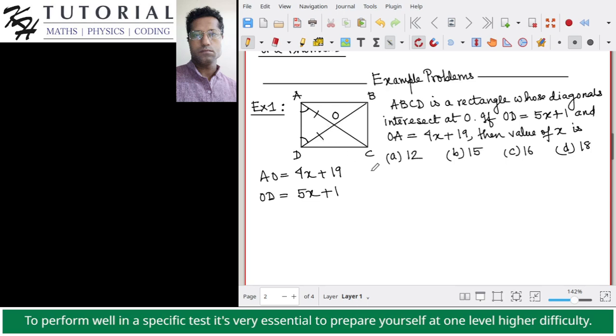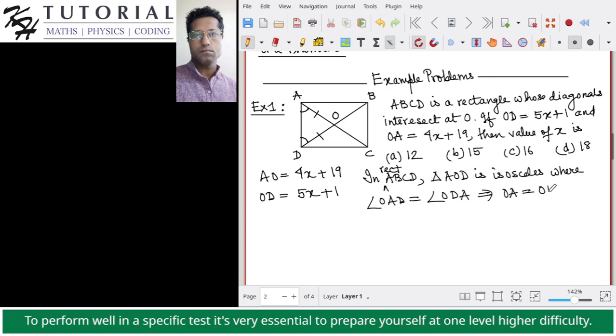So we can say that in rectangle ABCD, triangle AOD is isosceles where angle OAD is equal to angle ODA. So this will imply that OA will be equal to OD.